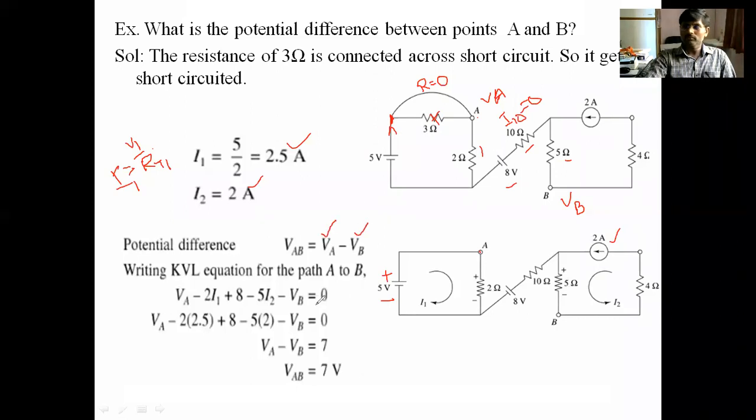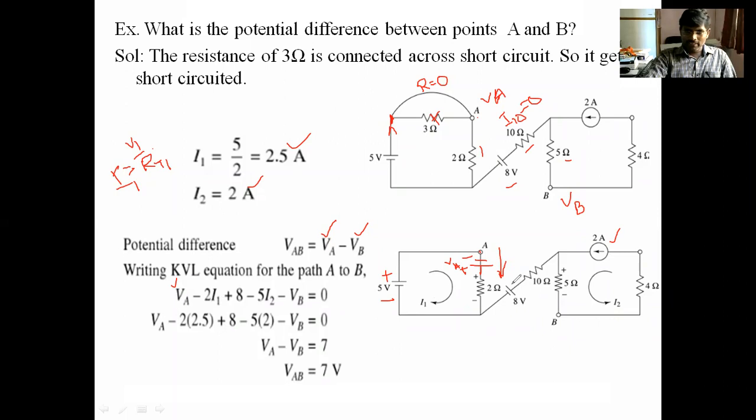Now you apply KVL for the path A to B. For that, assume VA is greater. VA is greater means it has to supply current. Here for VA, the current is leaving from positive. We have taken plus VA. Whereas for 2, the current is entering with positive. So therefore, take minus 2 I1.